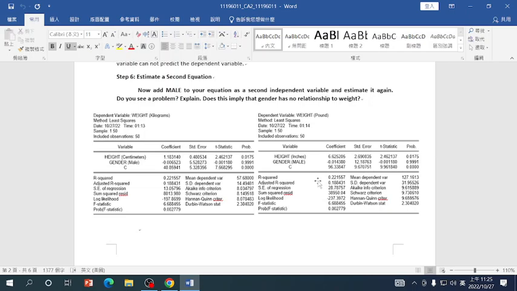I don't understand clearly, okay? Say it again. Explain the coefficient of height.